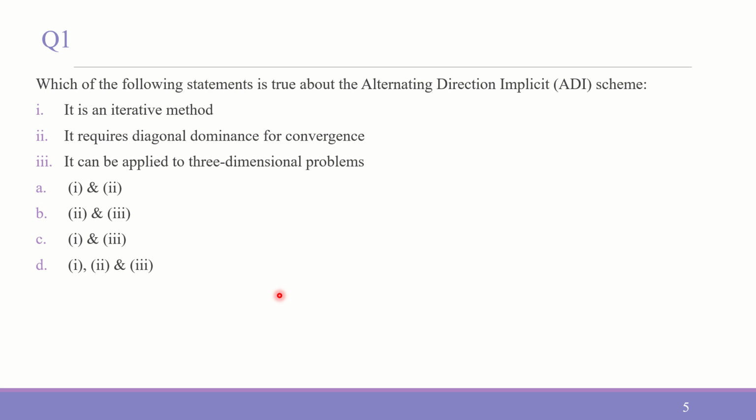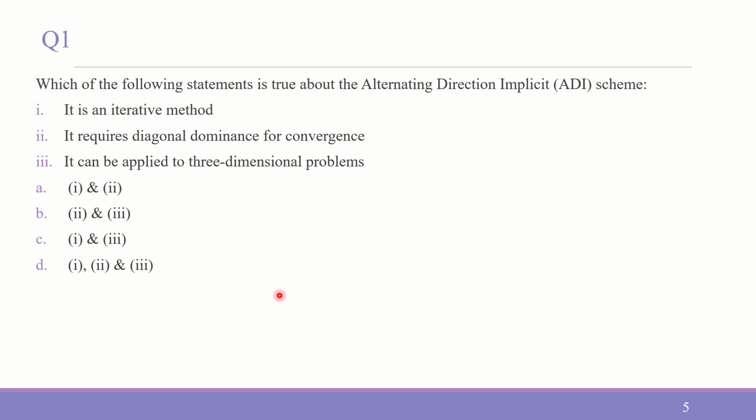So if we have one equation, in that equation one direction we will keep as explicit and another direction as implicit, and in the next equation the one which was implicit earlier will become explicit and the one which was explicit earlier will become implicit. So that is how it got the name alternating direction. So it goes one direction, next direction, one direction, next direction, in that way.